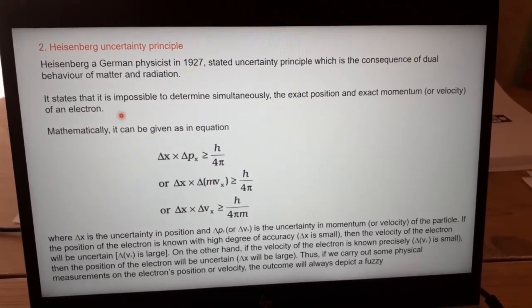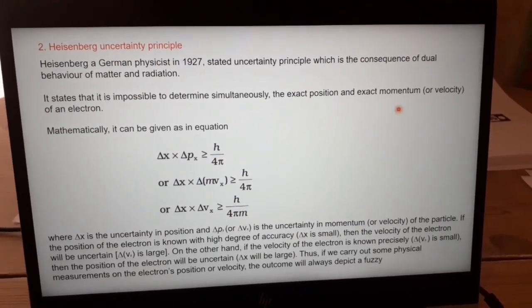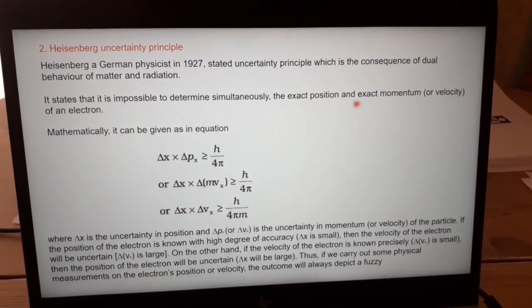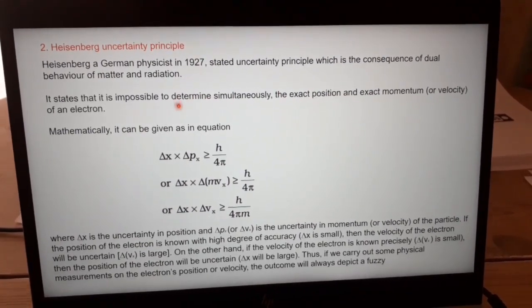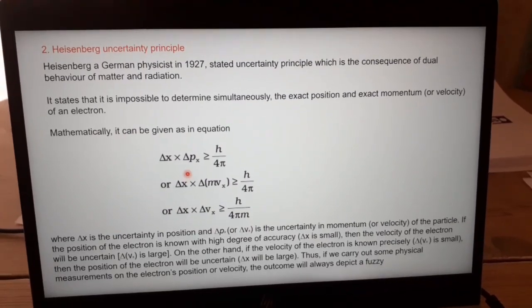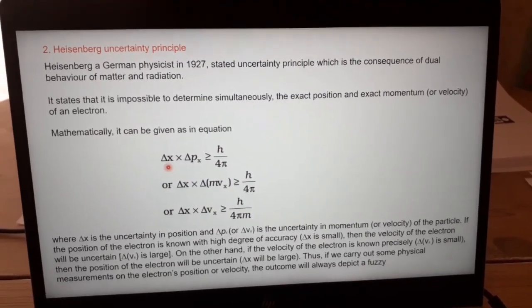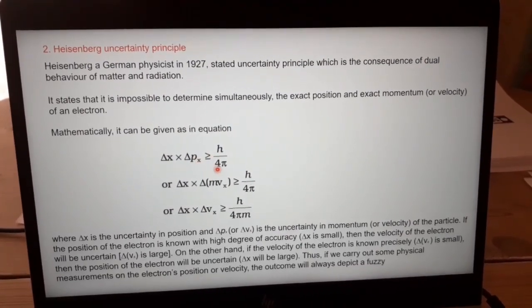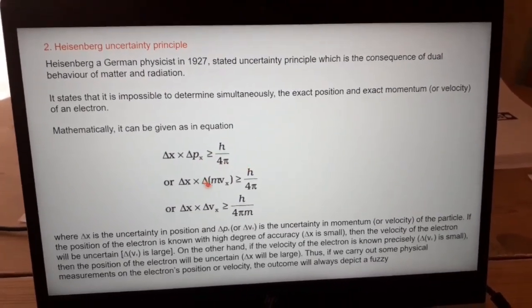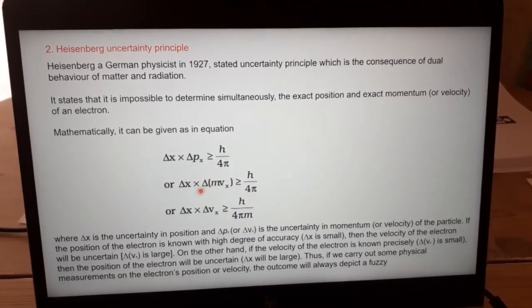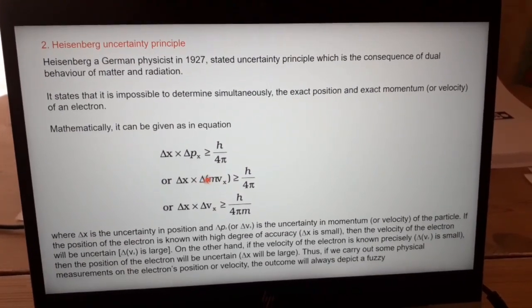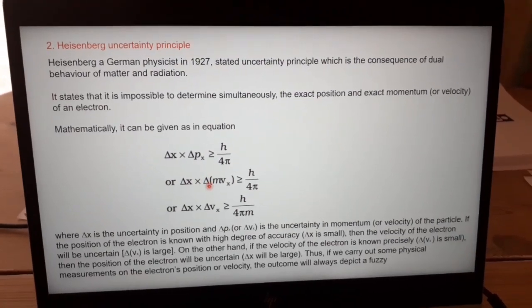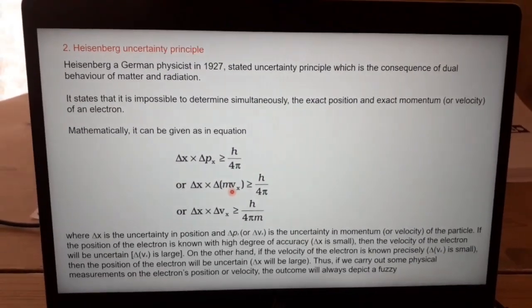So the exact position and momentum cannot be predicted simultaneously, right? Mathematically he derived an equation where delta x multiplied by delta p x is greater than or equal to h by 4 pi, and delta p is written as mv because this is the momentum factor, right?